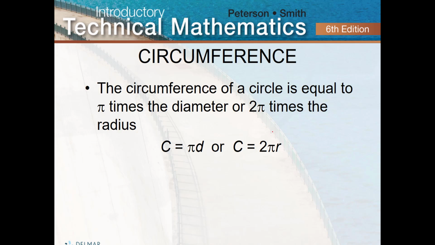That would be the circumference. You don't need to know this, but the area of a circle is pi r squared. It's one of those things that may come in handy at some point. But for this step, you don't need it, but area is pi r squared, and circumference is 2 pi r or pi d. This little symbol here is pi.